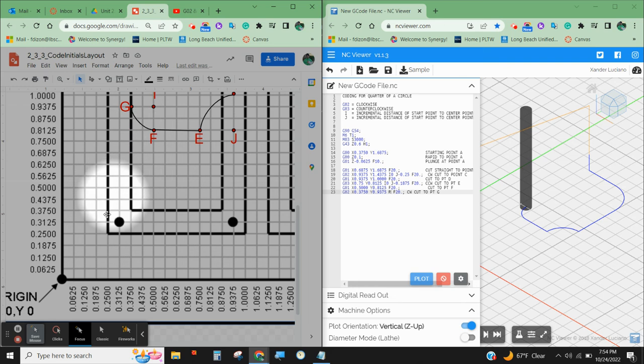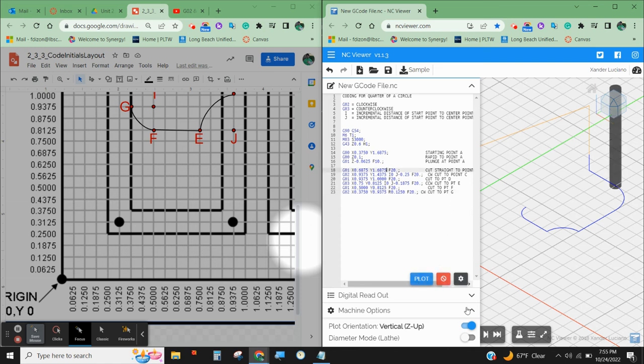So since it is two squares there, this is 0.125. So I want to put 0.125. Hopefully this works. I'm going to plot it. Still get the same thing.